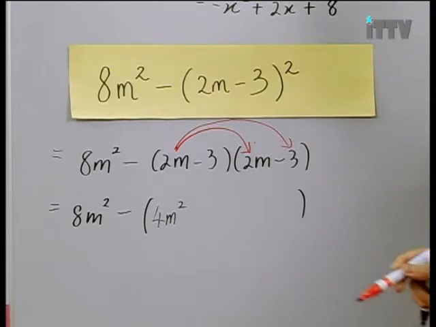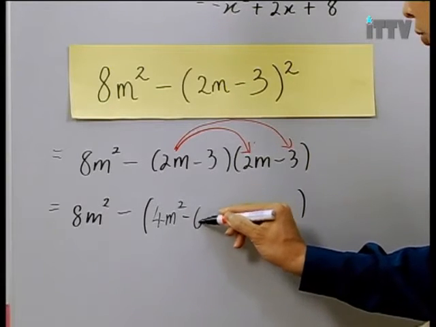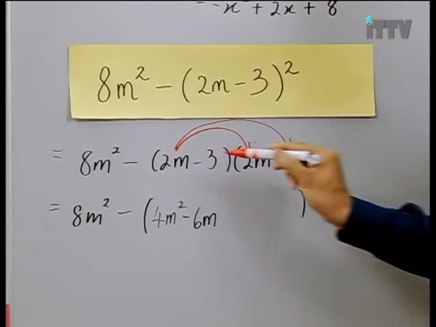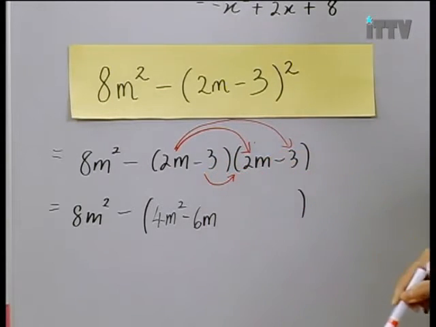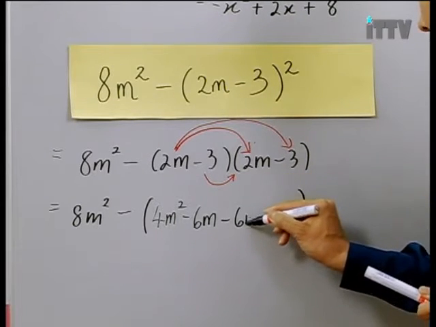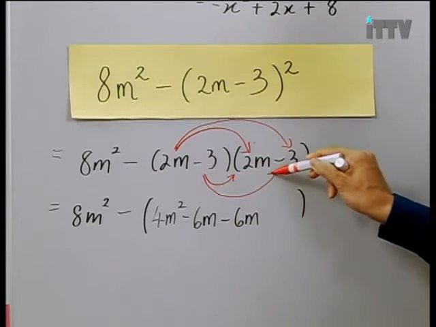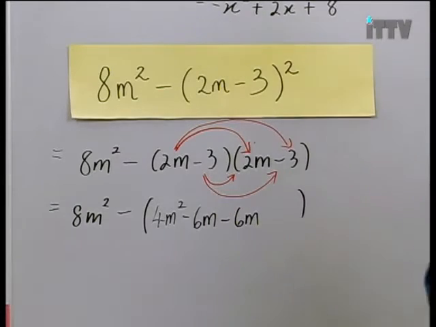Be careful of the sign. You will get negative 6m. And then now it is the turn for 3. Minus 3 multiplied by positive 2m, negative 6m, and finally minus 3 multiplied by minus 3, you will get positive 9.